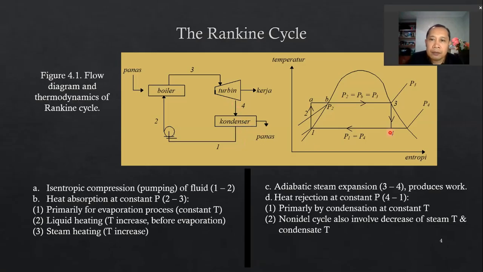Heat rejection here from point 4 to point 1 is usually done at constant pressure, primarily by condensation. Okay, sorry, this is not constant. Yes, this is constant T and constant P. Okay, a non-ideal cycle also involves a decrease of steam temperature and condensate temperature, but here in this chapter we're still relying on the ideal Rankine cycle for our thermodynamic analysis.